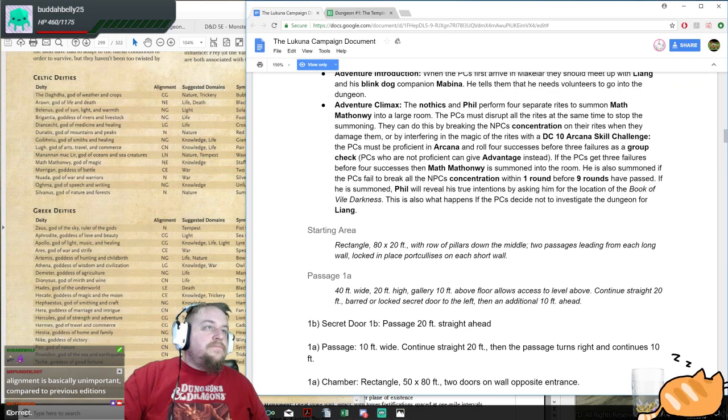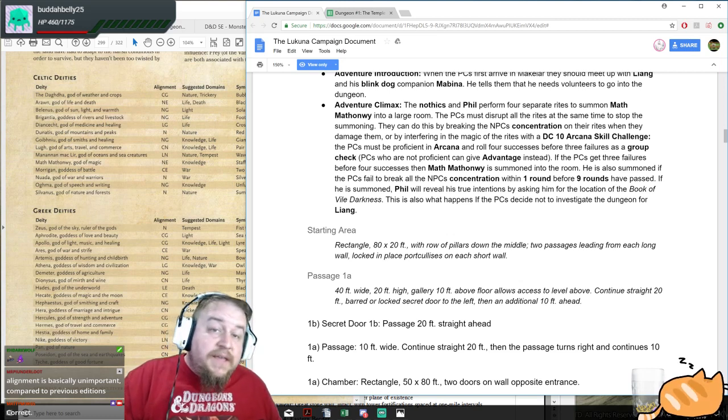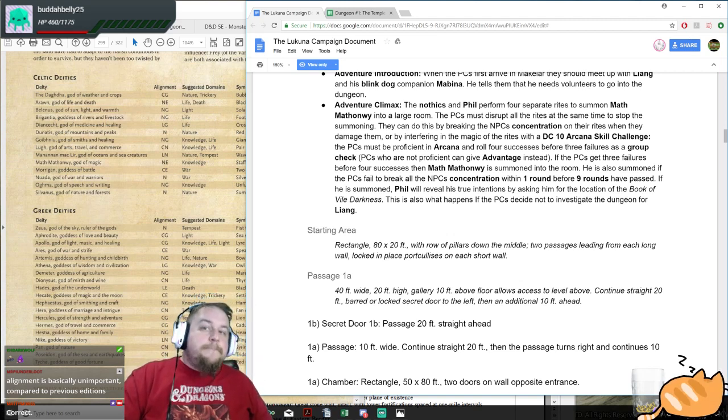But you could be a lawful good knowledge cleric and still worship Mathmathanoi, especially in 5th edition, where there is no alignment restriction on a cleric choosing a certain deity. Yes, and I'm very appreciative of that. Alignment is mechanically unimportant. I would say it is important.